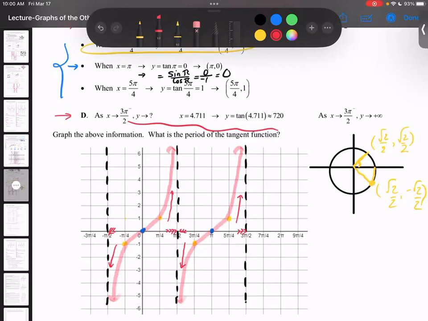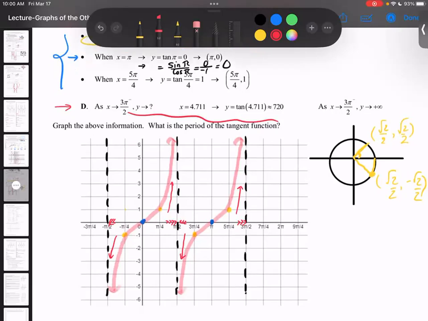What is the period of the tangent function? The period of the tangent function is the distance between two consecutive vertical asymptotes. So all you have to do is look for the distance between the two dashed lines. Don't write this down. If I ask you the distance between 3 and 5, what is it? 2.